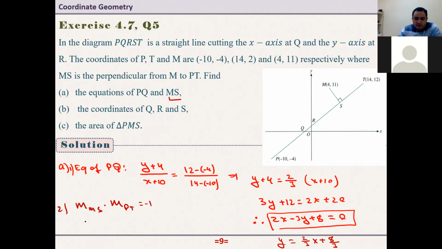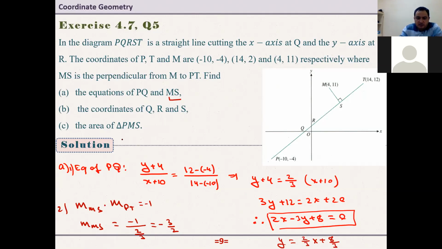So from here, gradient of MS equals -1 over the gradient of PT. From here, it is equal to 2 over 3. So that's equal to -3 over 2. So that's the gradient of MS.